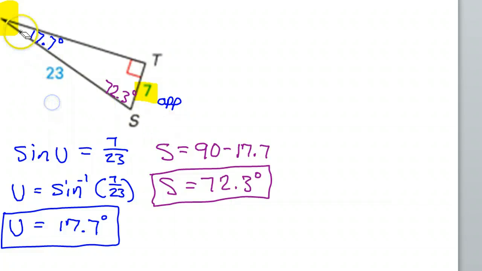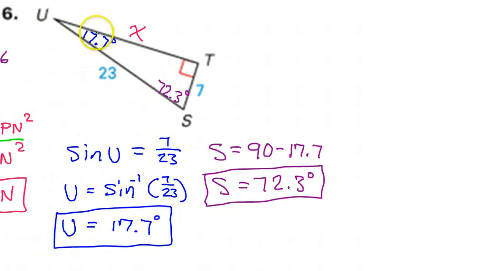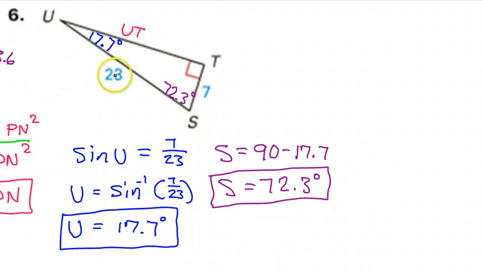All right, I'm cleaning some of this up. Now, to find the third side, we don't need trig functions at all. So we're trying to find this. In fact, instead of calling it X, I think I'll just call it UT. If we have two sides given and we're looking for the third side, we will use the Pythagorean theorem. Good old a squared plus b squared equals c squared.